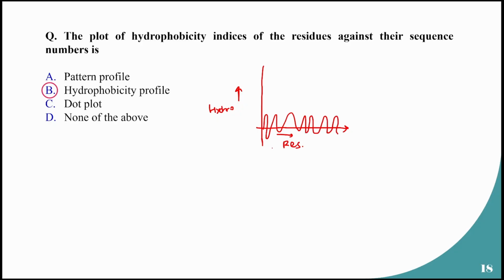So the alternating pattern, or whether similar types of residues in terms of their hydrophobicity or hydrophilicity characteristics are present in a consecutive manner one after another, or there is an alternating pattern occurring between those. So those kinds of information you can get from the hydrophobicity profiles.